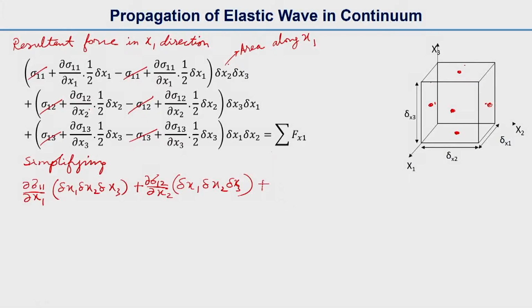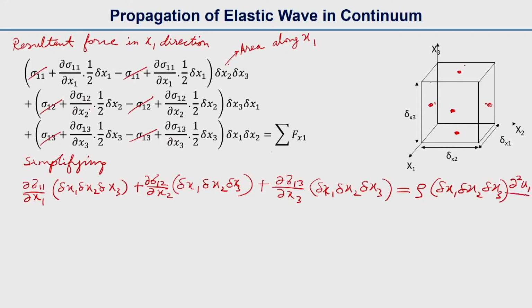plus partial of sigma 13 with respect to x3 times delta x1 delta x2 delta x3, is equal to rho times delta x1 delta x2 delta x3 and the second partial of u1 with respect to t.